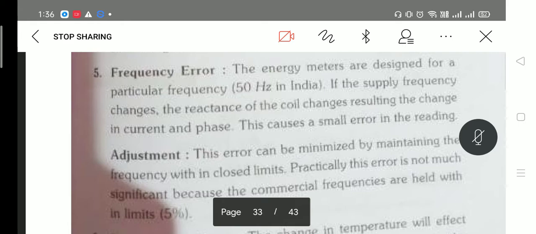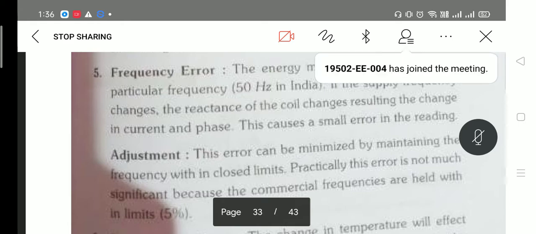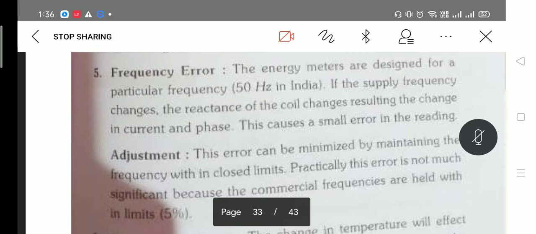So we can avoid those errors by fixing the frequency within a limited range, plus or minus 5%. Also we can avoid this frequency error.